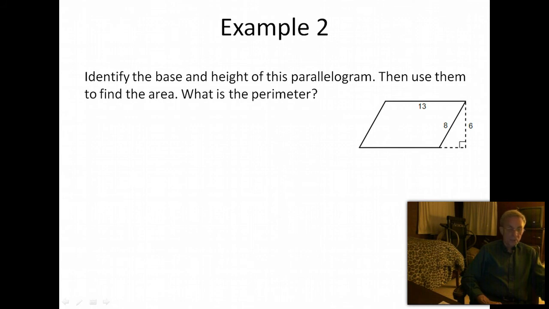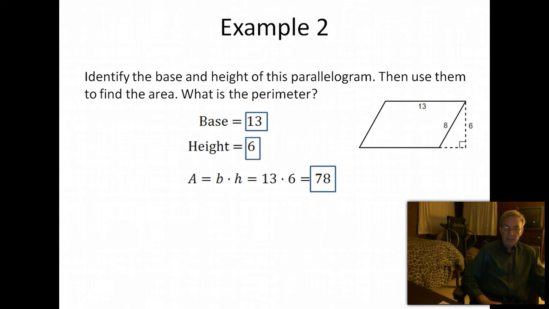So the base is 13, the height is 6. So the area, once again, is base times height, which is 13 times 6, which is 78.